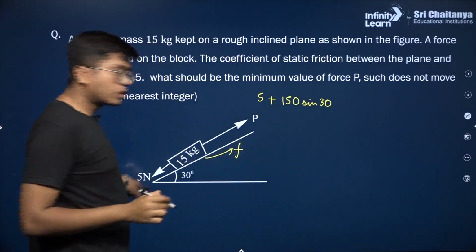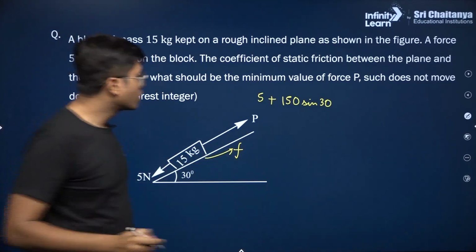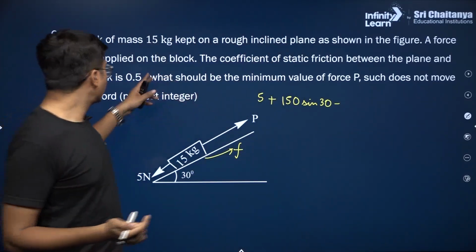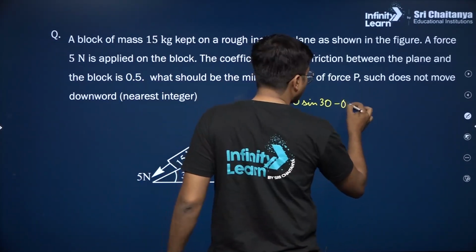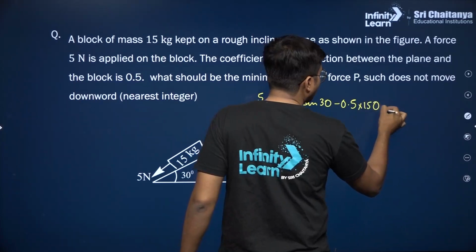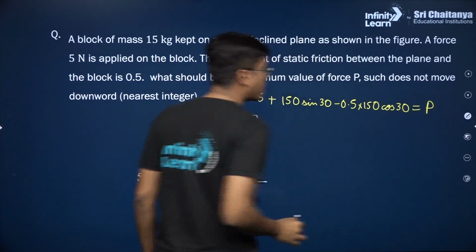This is plus because both are directed downwards. Minus, you have the frictional force. Frictional force is mu mg cos theta. Mu value is given as 0.5. So mu mg is again 150, and you have cos of 30. That is equal to P.